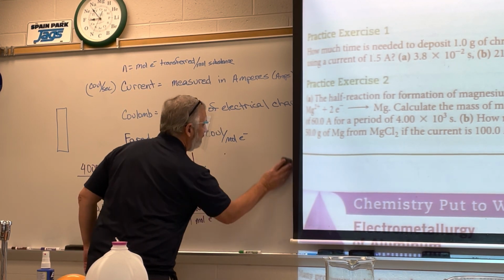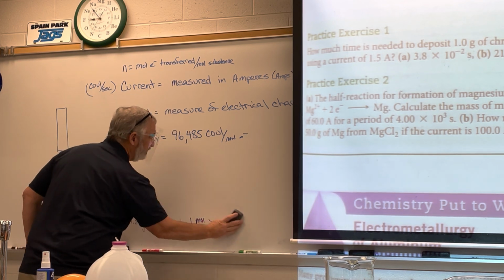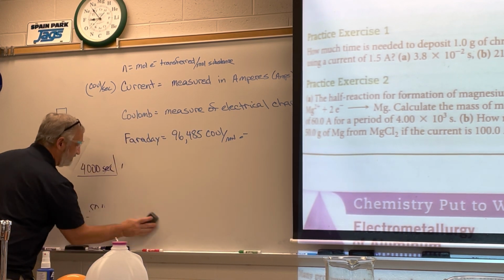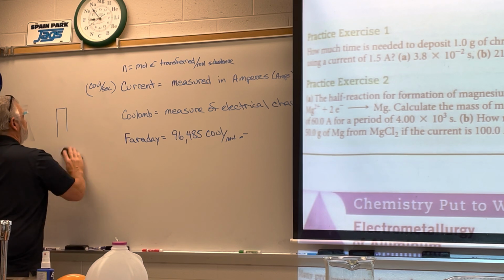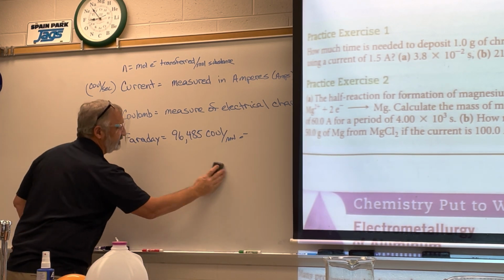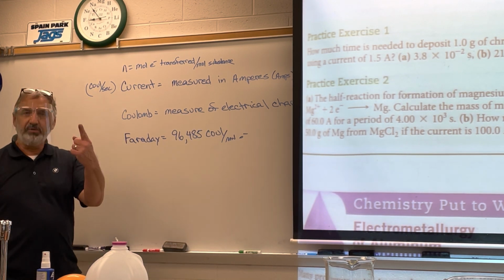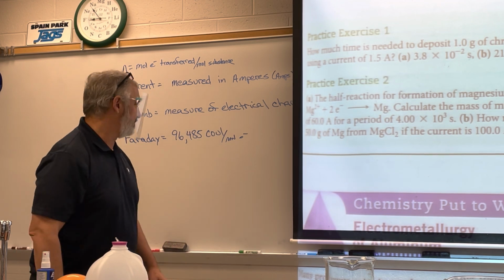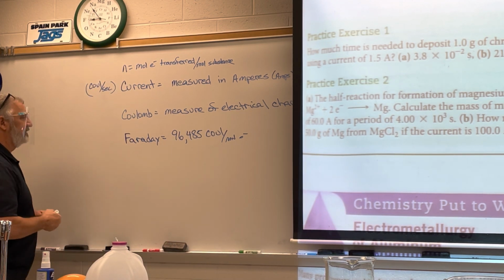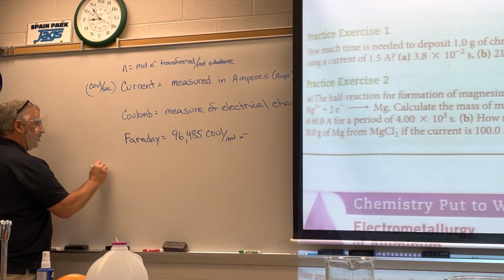Grams per mole, right? So when you're doing these problems and there's tons of numbers and words and all kinds of stuff and it's overwhelming, start with the question. What does the question ask? What's the molar mass?